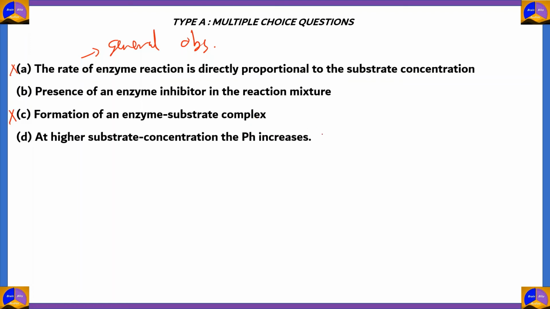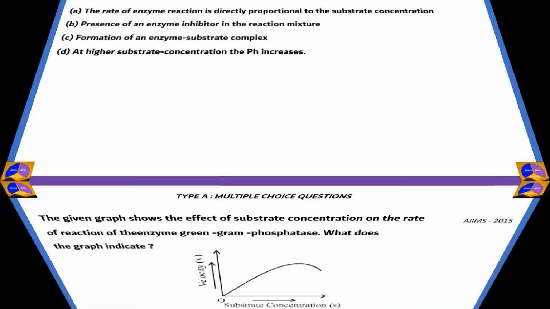Option D is also a general observation. So at higher substrate concentration, the pH increases. The right answer is option B, presence of an enzyme inhibitor in the reaction mixture.